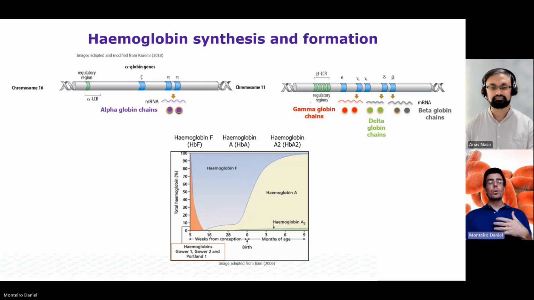Now, it really depends when you're doing analysis and when you look at the hemoglobins present at a certain amount of time. It needs to be in context of how old the patient is that you're looking at, which age we are talking about. Because as I said, hemoglobin F is the main component present when babies are born.